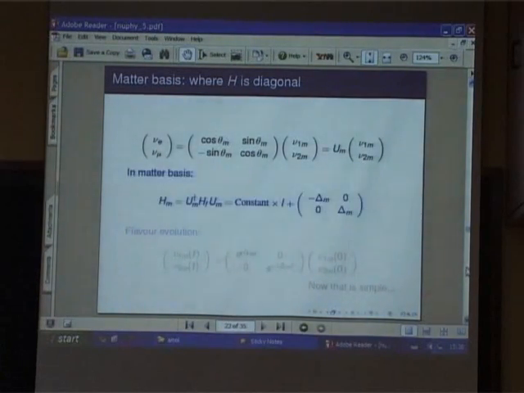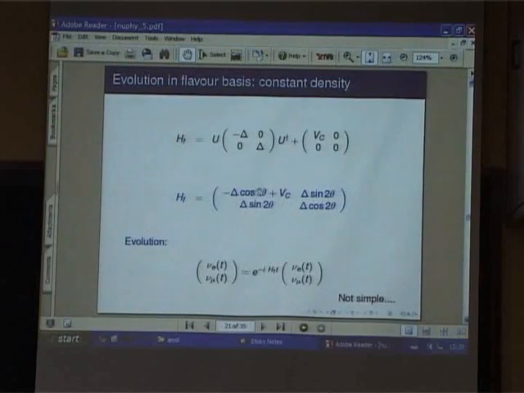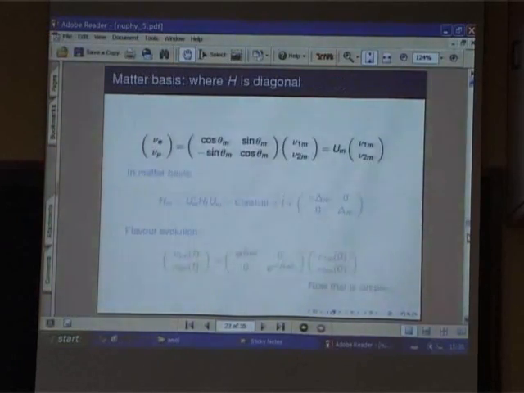So what this means is the following. If I take my Hamiltonian HF, which was a complicated thing, remember this. Now, I want to go to a basis where if I apply Um dagger and Um to this HF, I get the Hamiltonian in the matter basis.